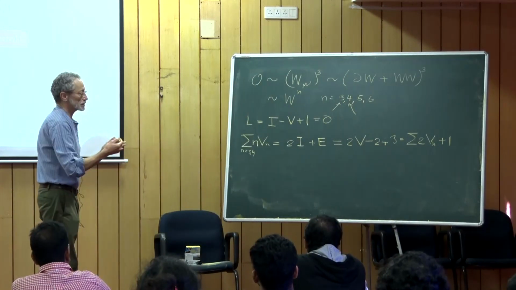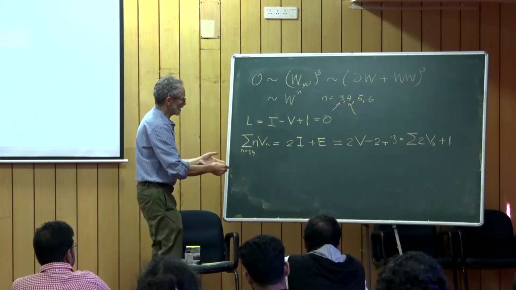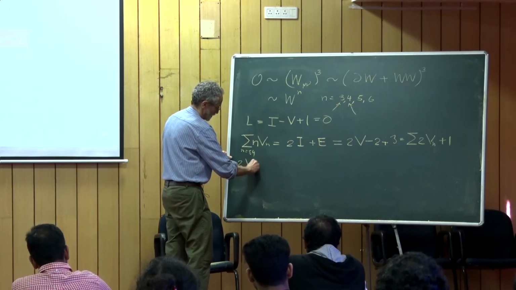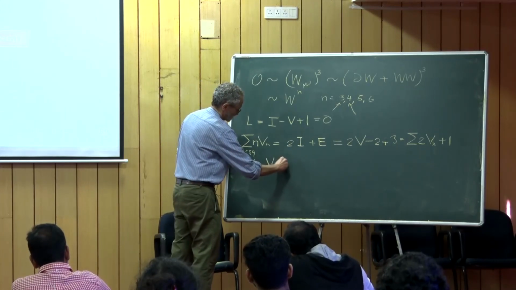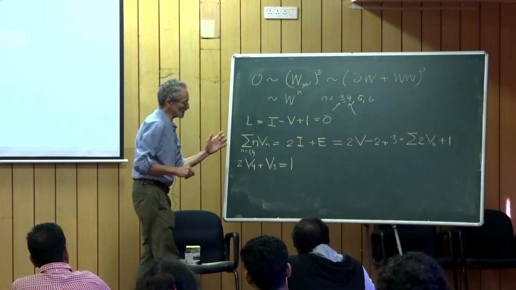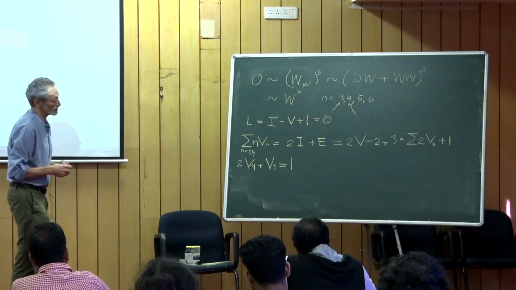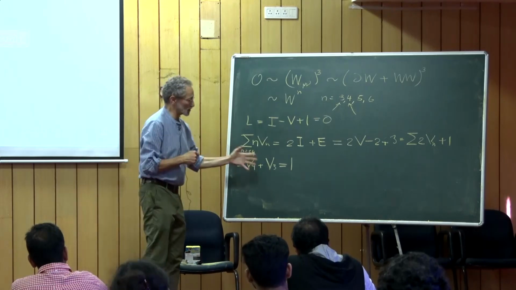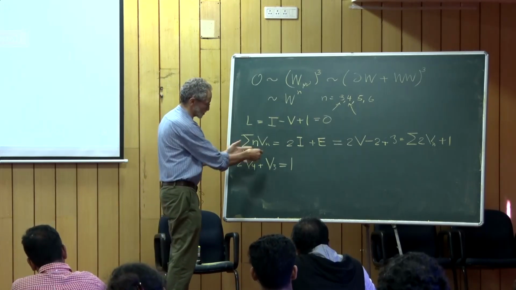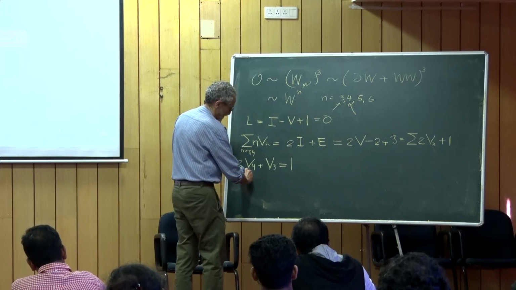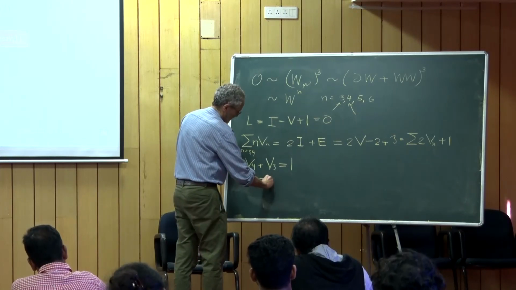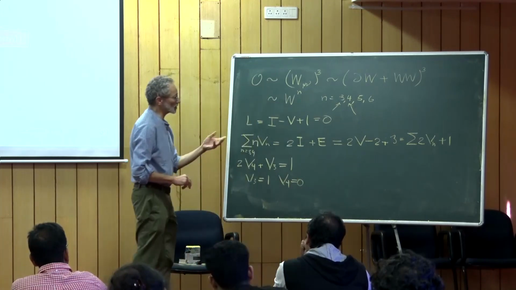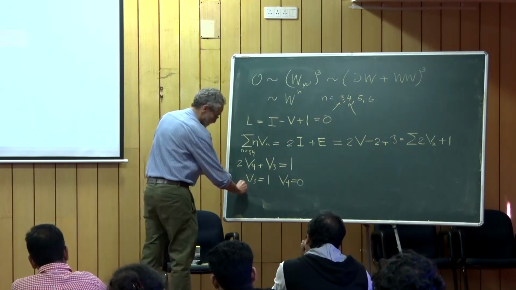Solving this relationship, we get 2 V4 plus V3 is equal to 1. V3 and V4 are numbers of vertices, so they're non-negative integers. The only solution for this is V3 equal to 1, V4 equal to 0.